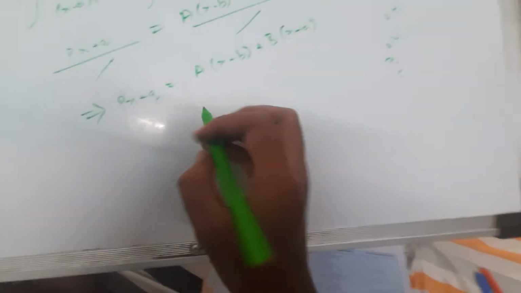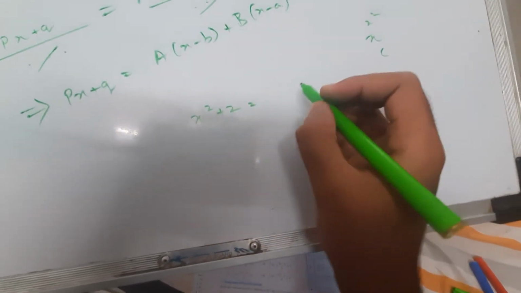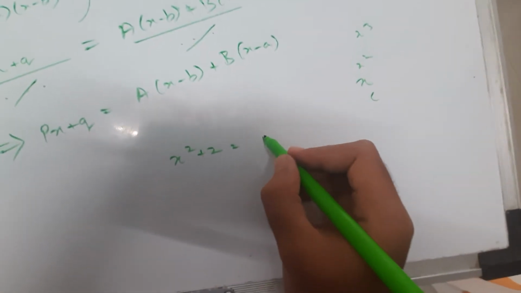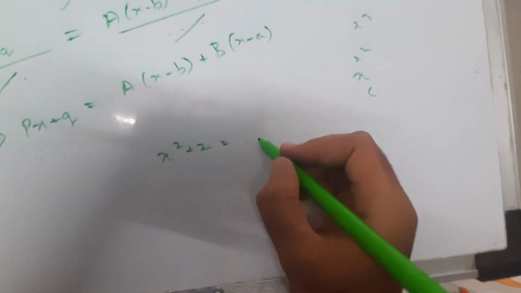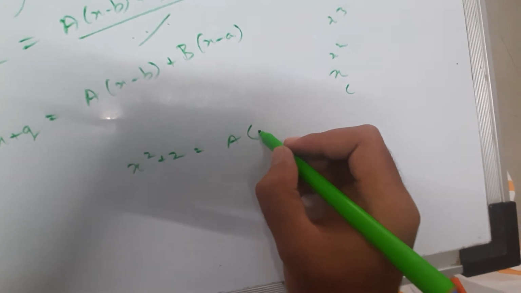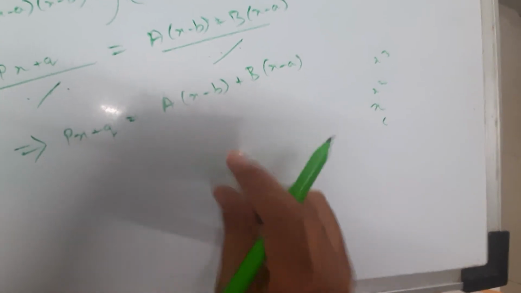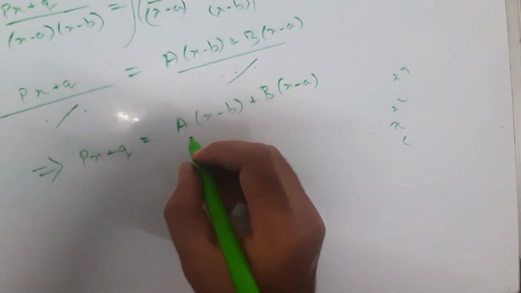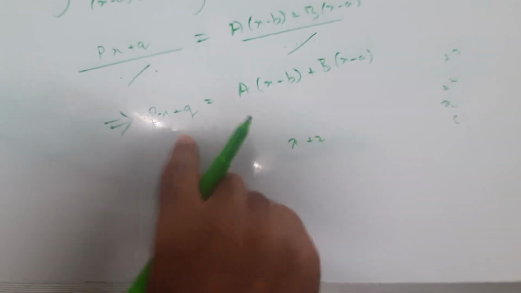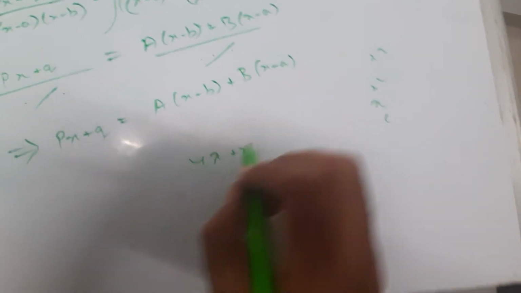What I mean by that is, suppose you have 4x + 2 to make it easy.